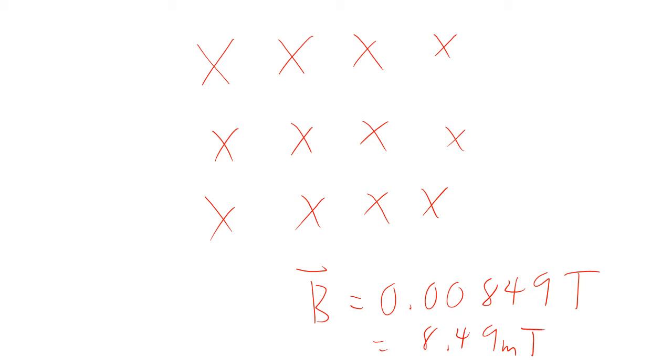And I'm going to shoot a beam of electrons in there, and my electrons have an energy of 1.45 kiloelectron volts, so 1.45 keV. Okay, and so how would I do that? Well, that's really straightforward.